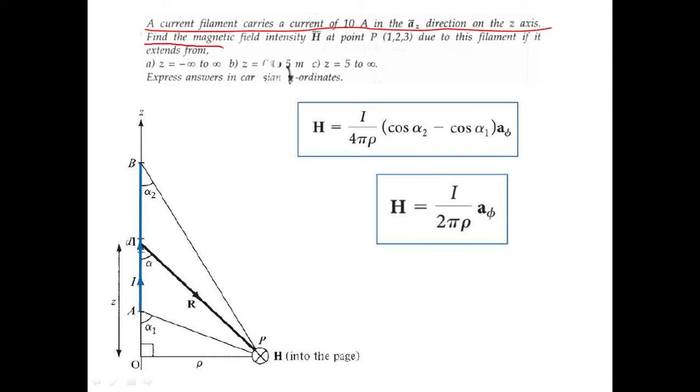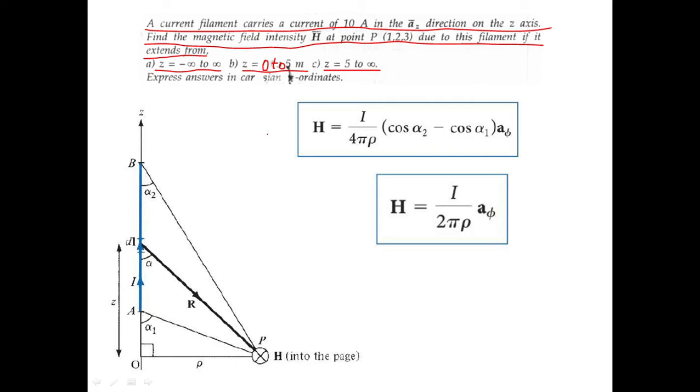Find the magnetic field intensity H vector at point P 1, 2, 3 due to this filament if it extends, in the first case, from Z equal to minus infinity to plus infinity, in the second case Z equal to 0 to 5 meter, and the last one Z equal to 5 to infinity.